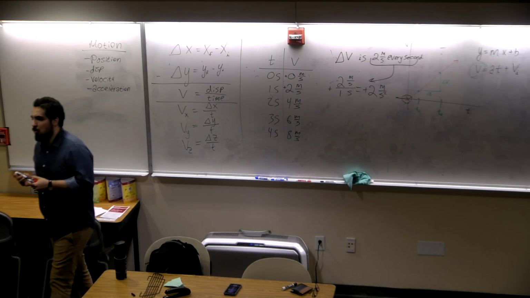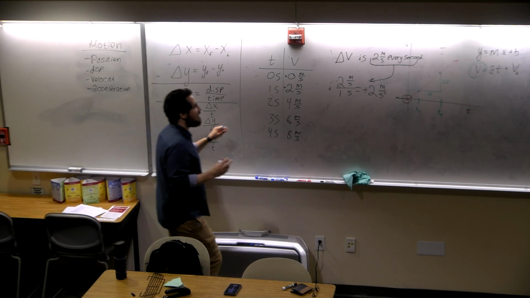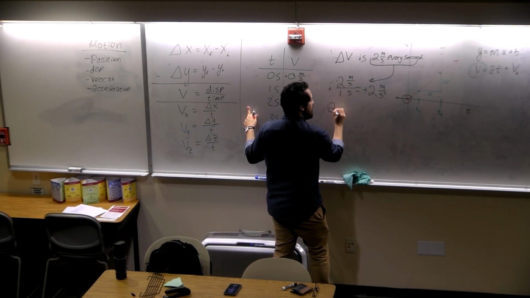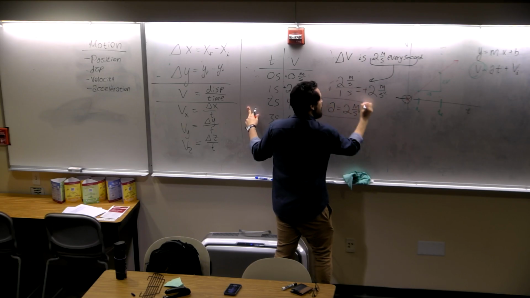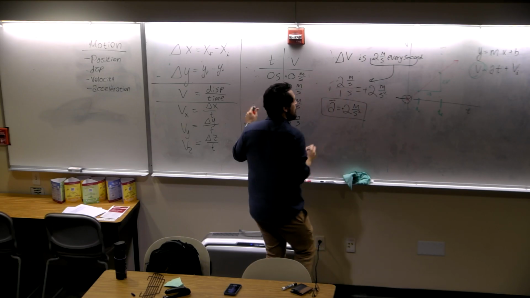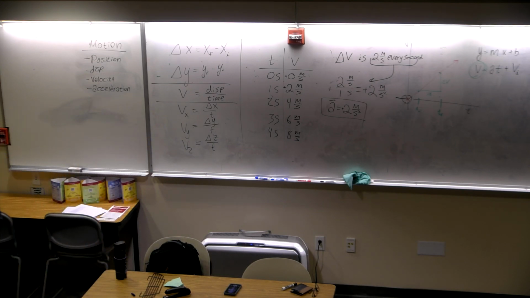So we have this new quantity that describes our changing velocity, and what did we say is the quantity that describes changing velocity? We said that that is our acceleration. This is the physical meaning of what acceleration is.